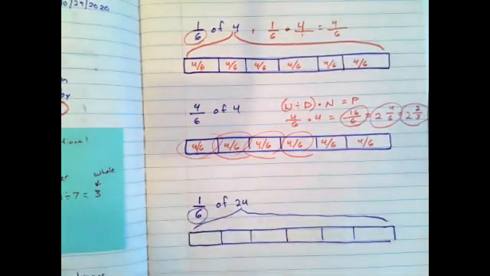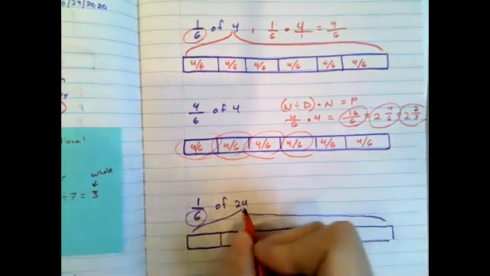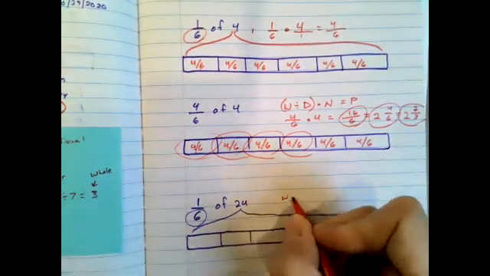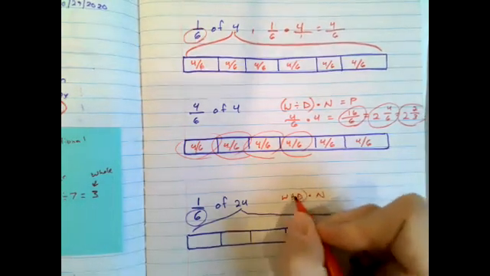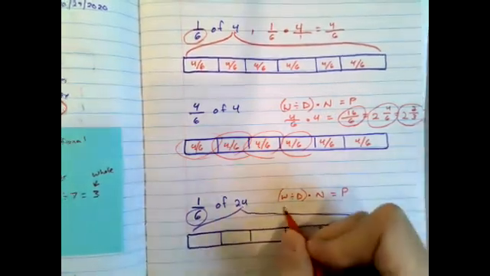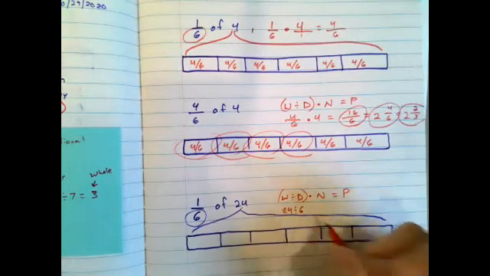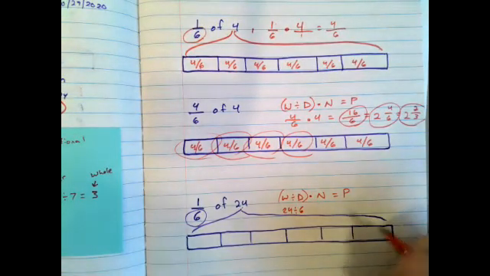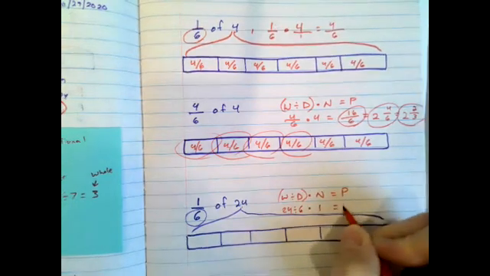All right. Let's figure it out. What is each piece going to be worth? So let's do divide by d times n equals product. So whole number, 24 divided by 6 is 4 times 1. We end up with 4.